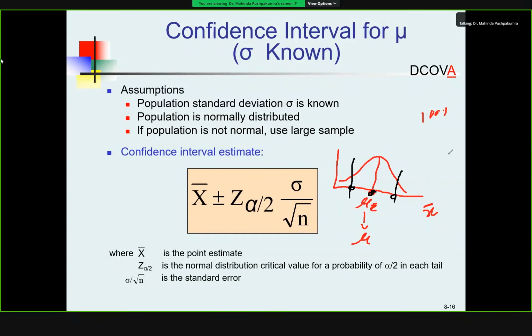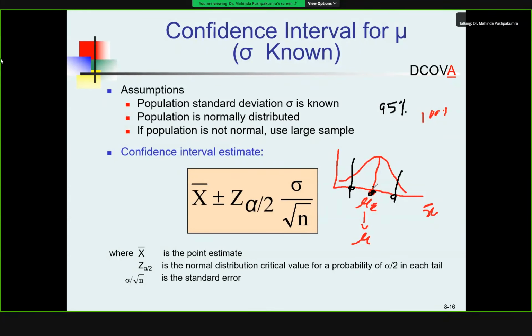Then what is your confidence level? 95%. You can decide. If you want, you can do 95%, 90%, 99%, 80%. The standard or acceptable levels are 95, 99 or 90.